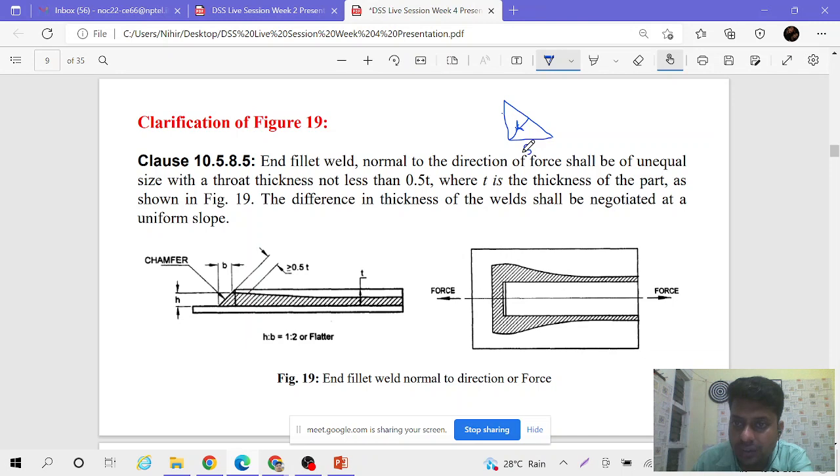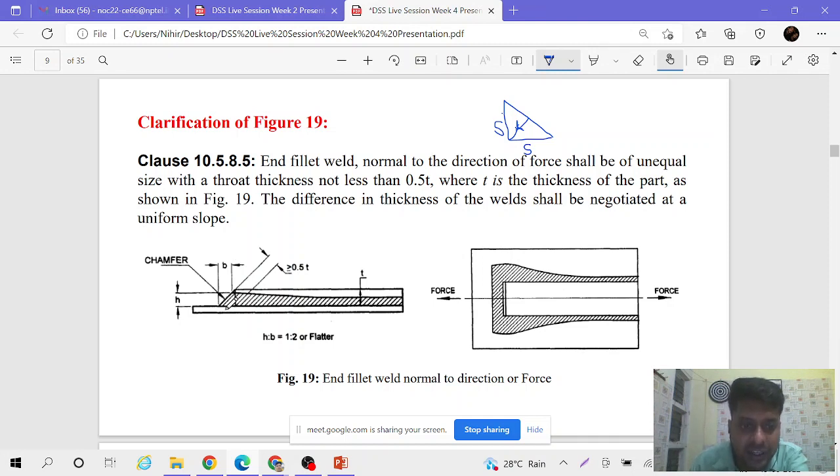This is S and this is S, so these are the sizes of the weld. These two faces of this triangle are equal, S and S, but here it says end fillet weld normal to the direction of force shall be of unequal size. You don't have to take it as equal, you have to provide different sizes.